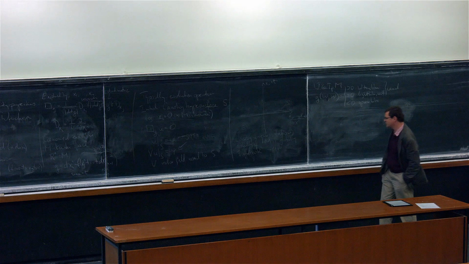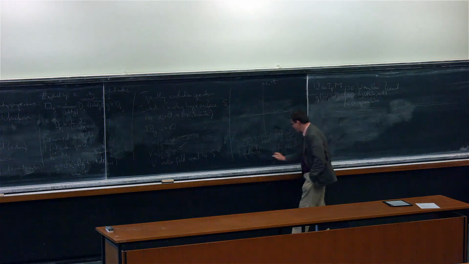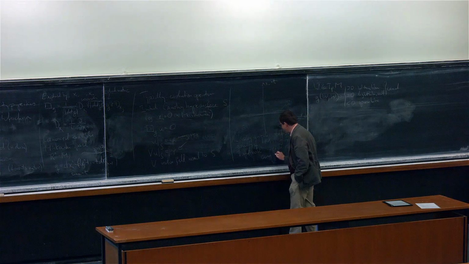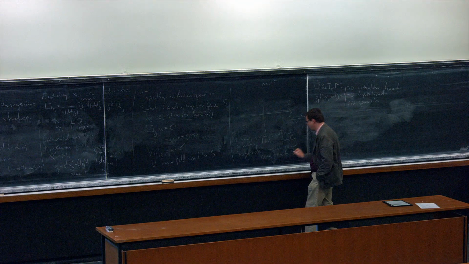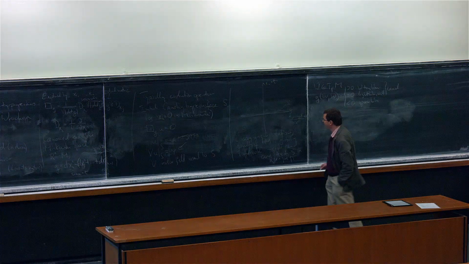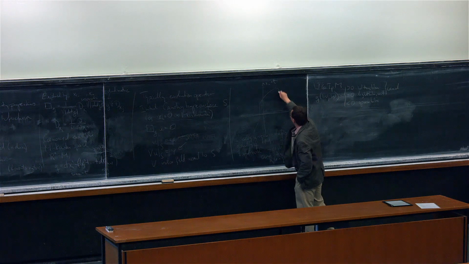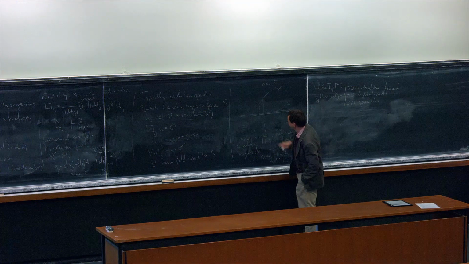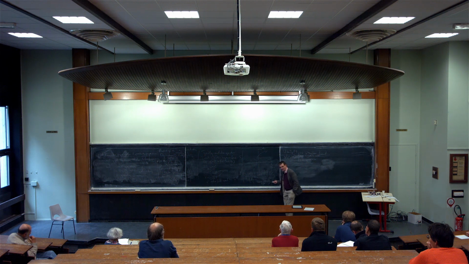And so what you want is each causal curve intersects S. So you have to be slightly more precise: in a unique point. So basically, here's my causal curve, gamma, and it's supposed to intersect S in exactly one point. So it does intersect, and only in one point.